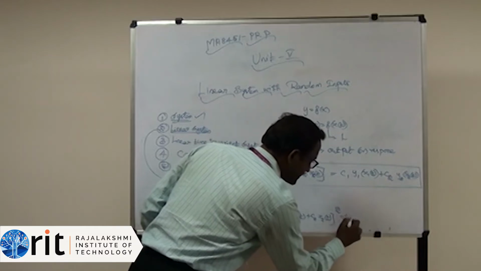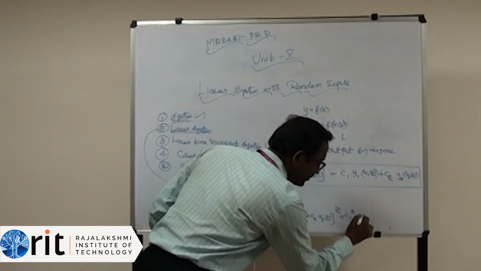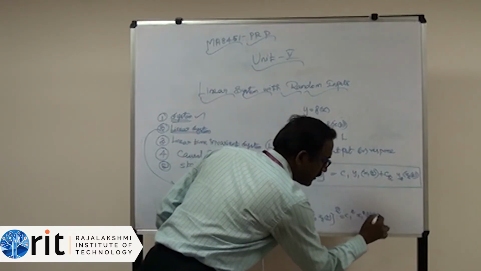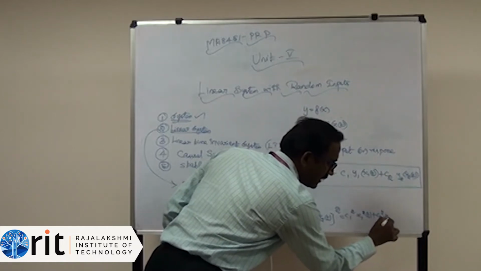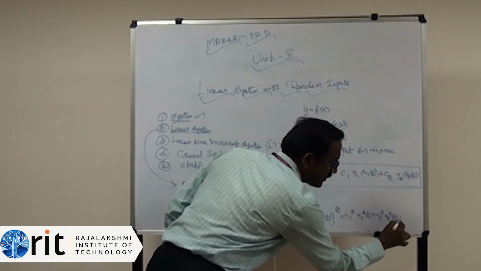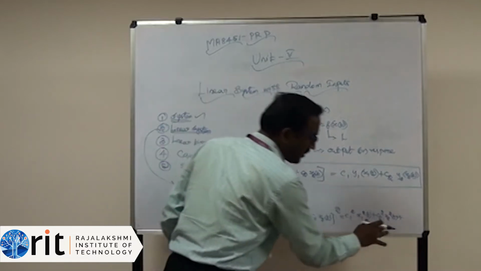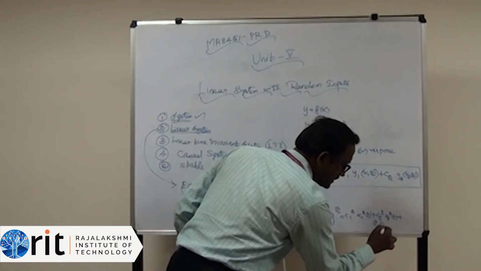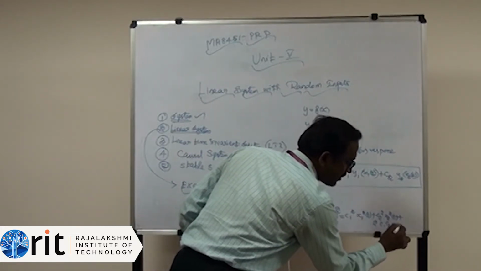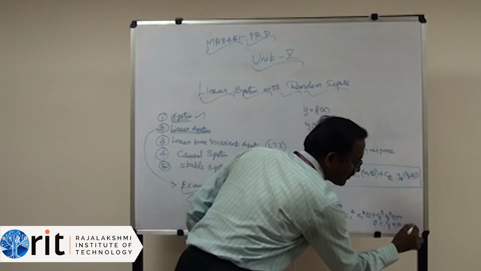We know the formula to expand a plus b the whole square: a square plus b square plus 2ab. So I can expand it as c1 square x1 square of t plus c2 square x2 square of t plus 2 times c1 c2 x1 of t into x2 of t.